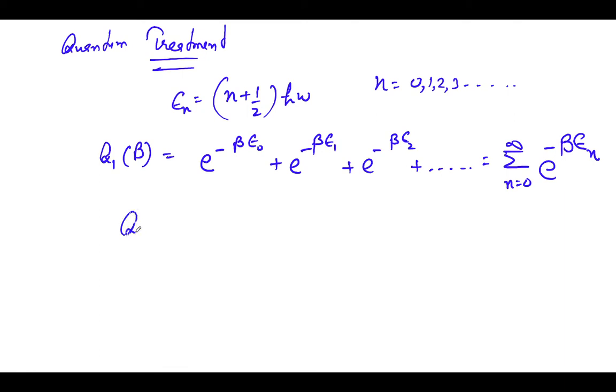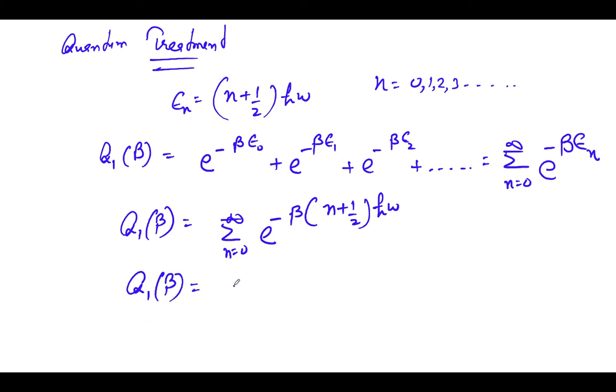So this Q1(beta), the partition function for one harmonic oscillator, we can write as exponential of minus beta, putting the value of E, which is (n plus 1 by 2) h bar omega.